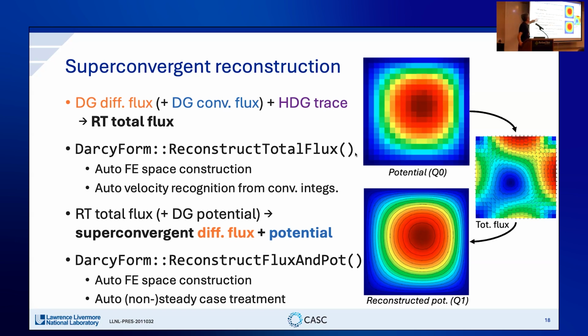So you don't need to care about construction of the finite element spaces or construction of that higher order forms. And also, at least for some typical cases, we can recognize the setup and infer the definition of the total flux and so on.